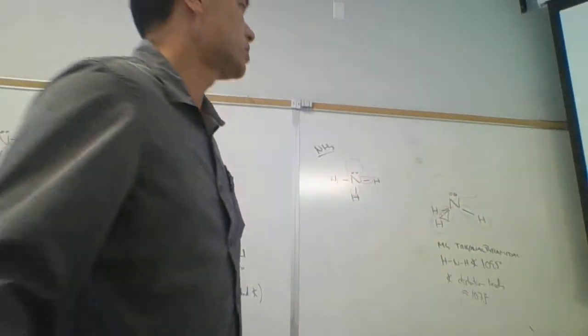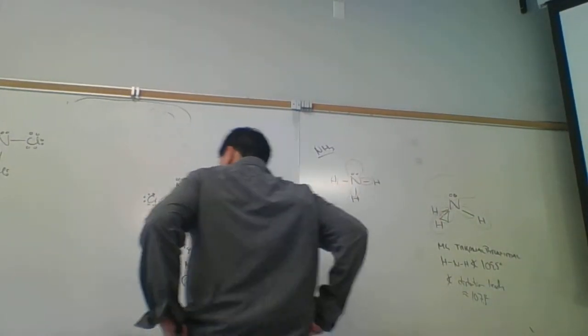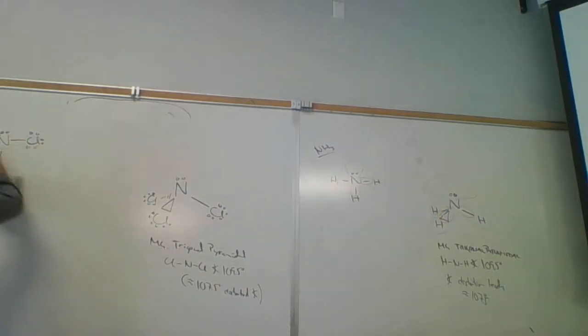All right, the next thing, we're going to come back to shapes again. But before we do that, I want to talk about polarity. For example, this nitrogen trichloride is a polar molecule. If I look at nitrogen trichloride, look at the nitrogen chlorine bond.